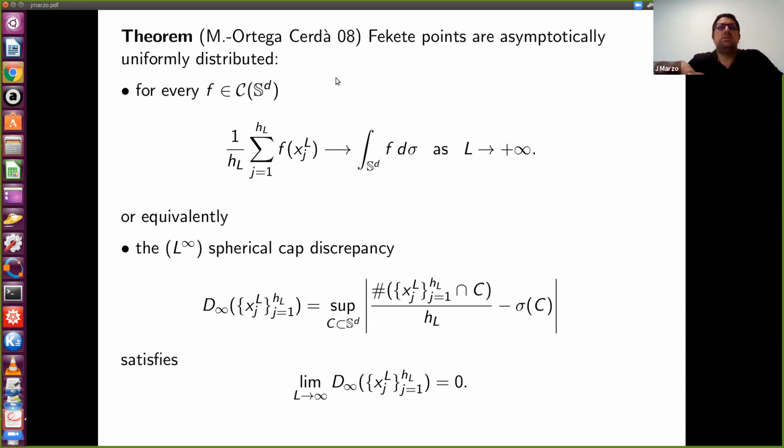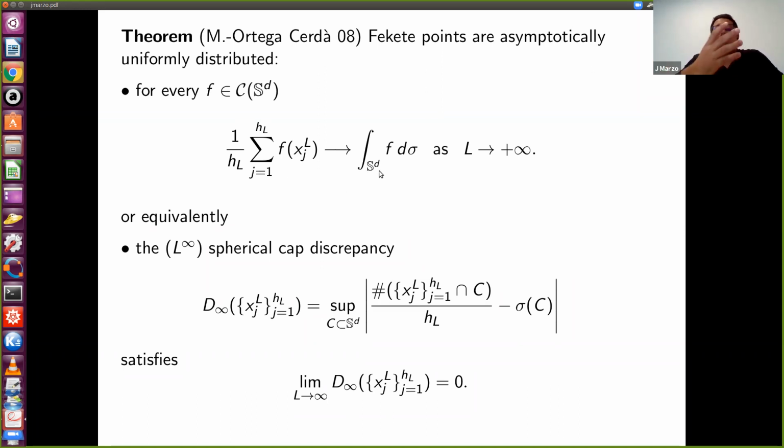You can take that as the definition if you want. So for every continuous function f on S^d, if you consider this average of this continuous function, with 1 over the number of points here, this converges when L goes to infinity to the integral of f.